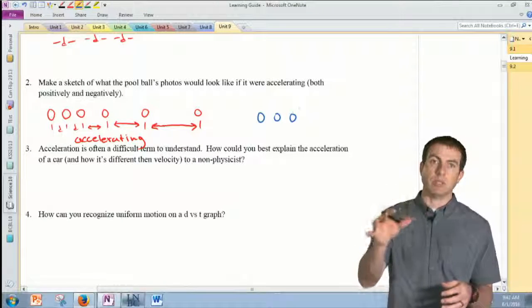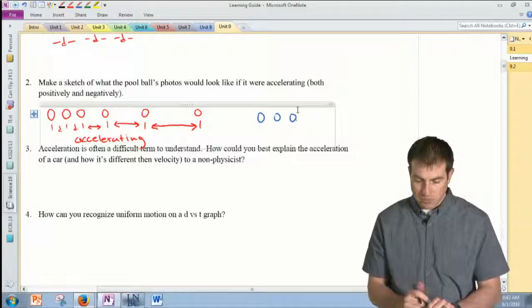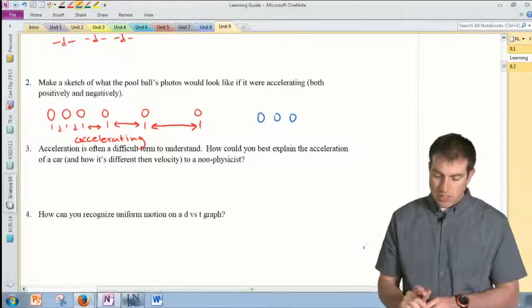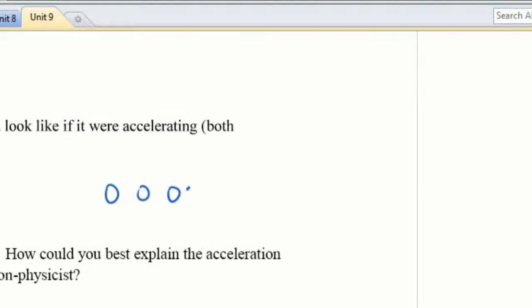And remember, each time the flash of light develops the film, the object is slowing down, so it won't quite get as far. And then if I were to draw another one, it would look like that. I eventually would have these things drawn on top of each other. It's really hard to see that. Space them out a bit more.